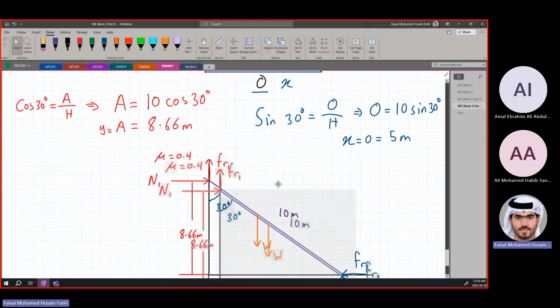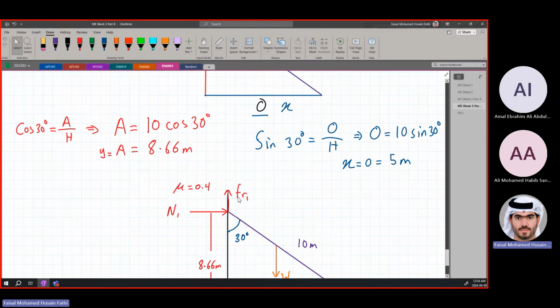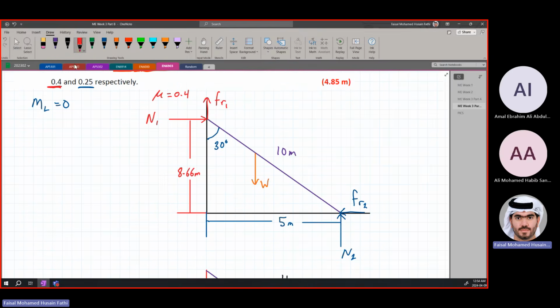Now we can start solving using our Fx and everything. Before even going here, let's solve up here the friction. We know that FR1 is equal to mu1 times N1, meaning FR1 is equal to 0.4 N1.